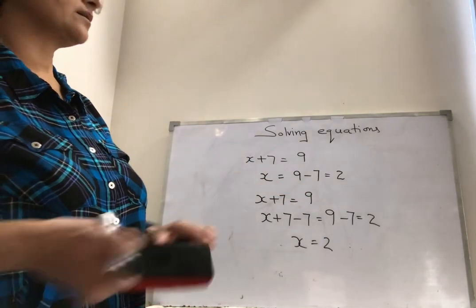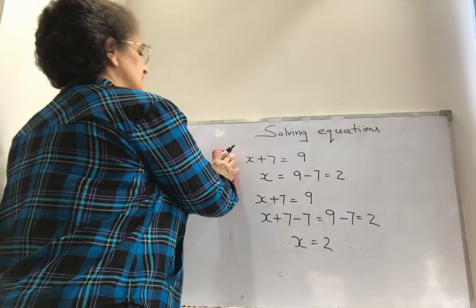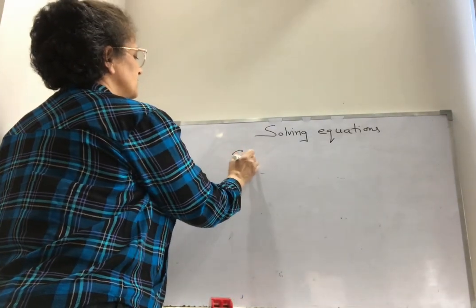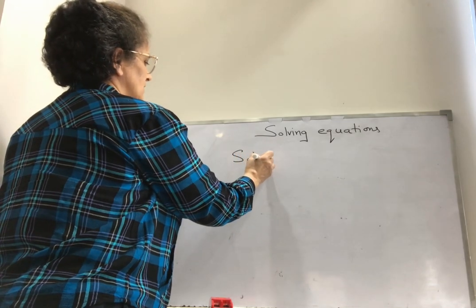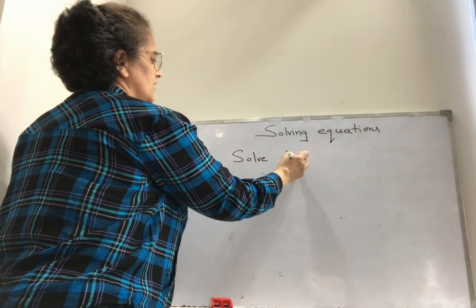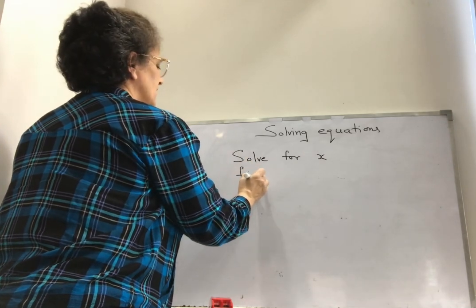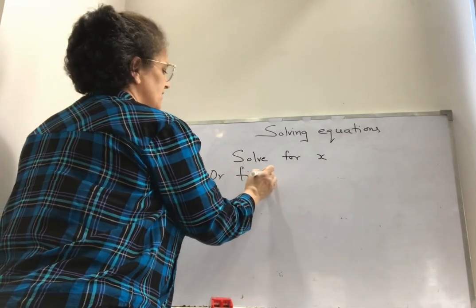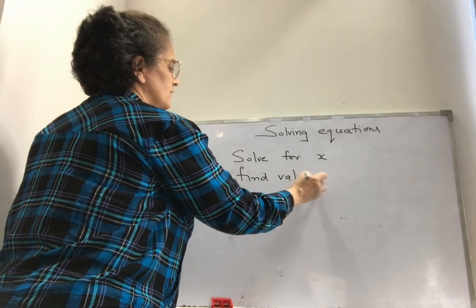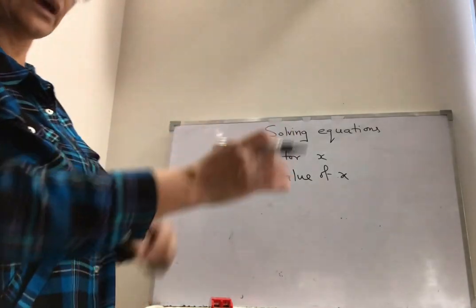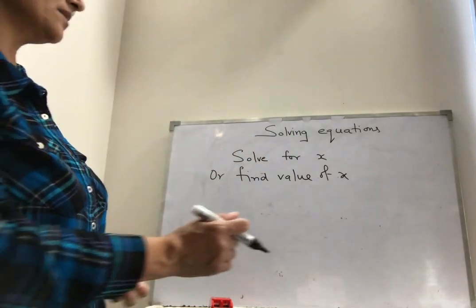So let's take an example with a negative sign now. So we are to solve for x, or find, or they can say find value of x. This x can be a, b, c, d, any small letter can be taken as the variable.